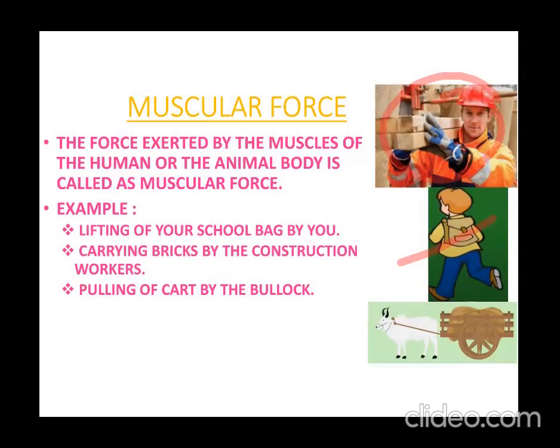So lifting of your school bag by you is an example of muscular force. Then you might have seen the cart being pulled by a bullock, right? So similarly, there also muscular force is applied by the ox, right? So this is your muscular force, that is the force exerted by the muscles of a human or an animal body. And these are the examples.